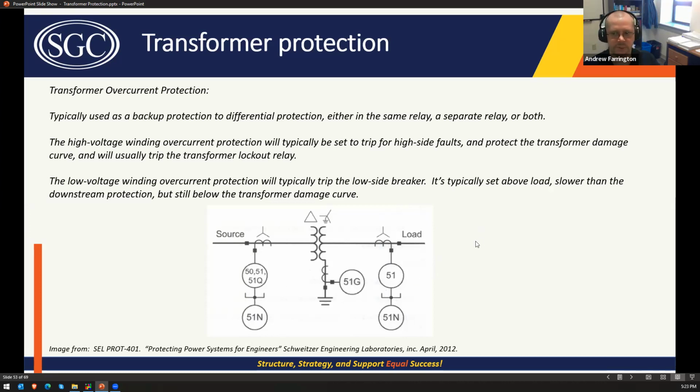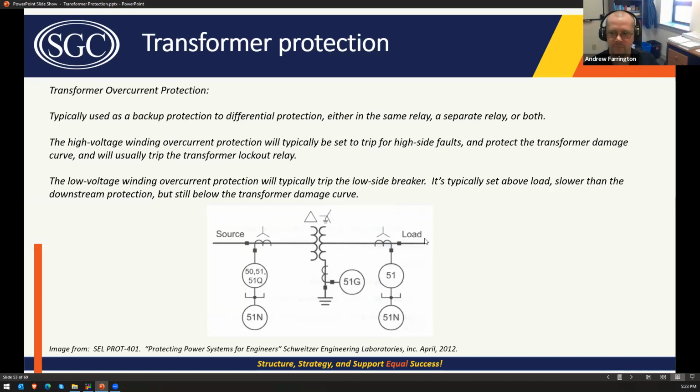If it was a downstream fault and the downstream relay failed, or even if it just miscoordinated for whatever reason, or maybe the fault was between here and the downstream relay, tripping this low side breaker and keeping the transformer energized will help them know that the transformer is healthy and they don't need to worry about that. They have to look downstream to isolate the fault. So that usually doesn't trip the transformer lockout relay, but the high side would.